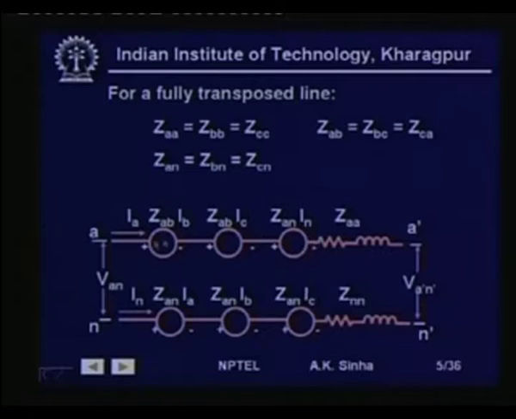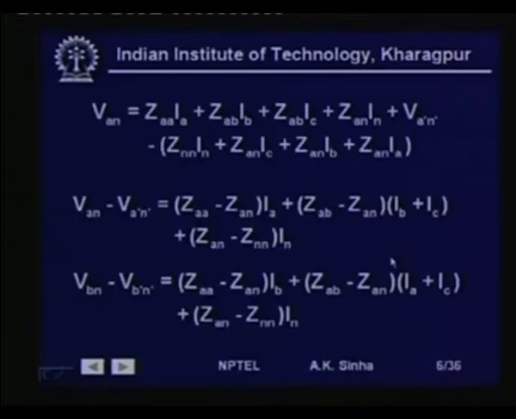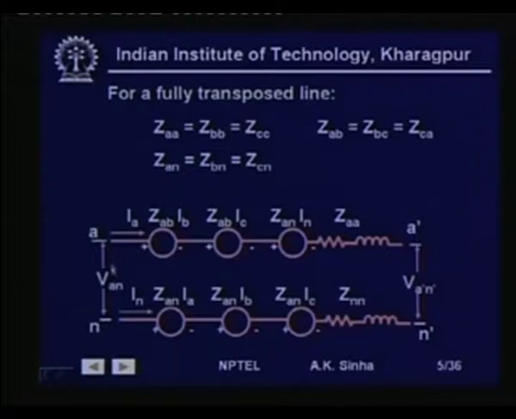So, if we look at the circuit like this, then we can write down the relationship as VAN, the voltage at this point, is going to be equal to this voltage plus the drop here, minus all the drops here.